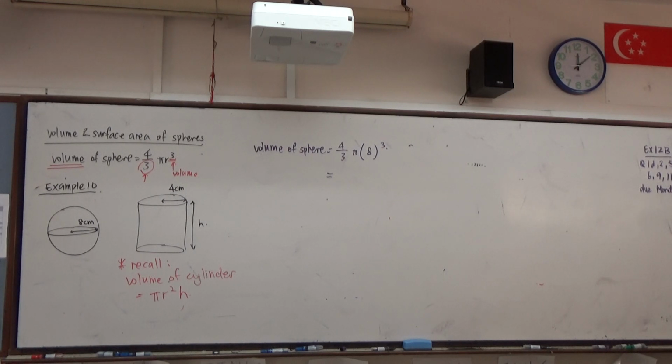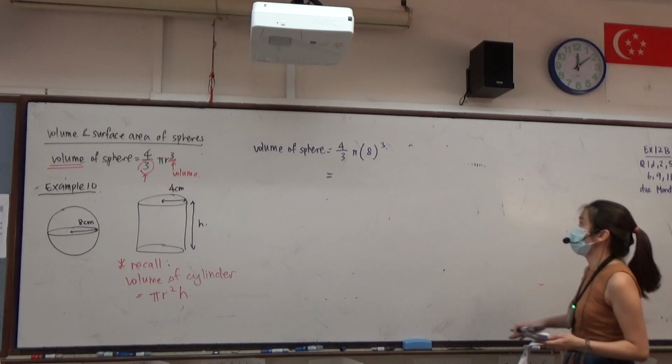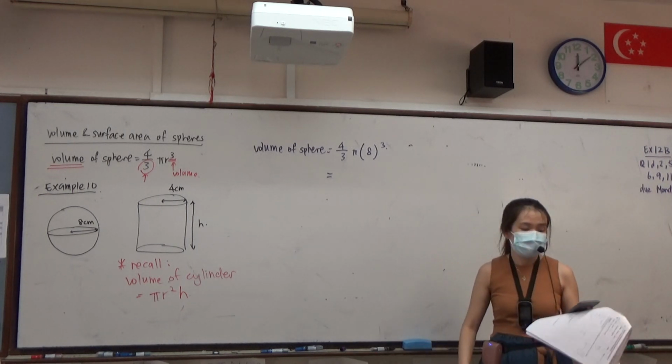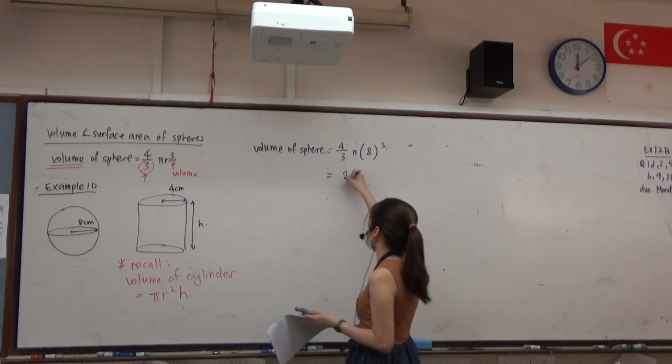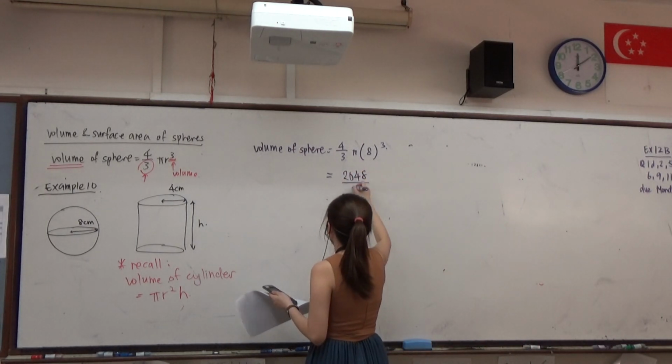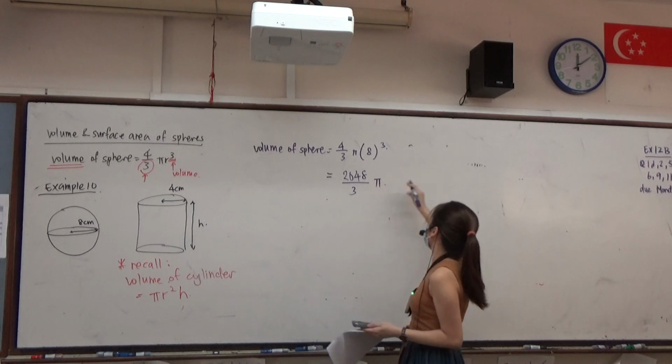Is it a fraction? Can you repeat your number again? 600 and 82, can you convert it into a fraction? Can you give it to me in fraction form? 2048 over 3, okay, pi, right?